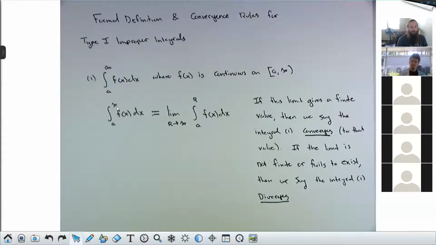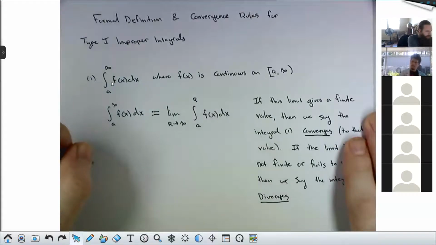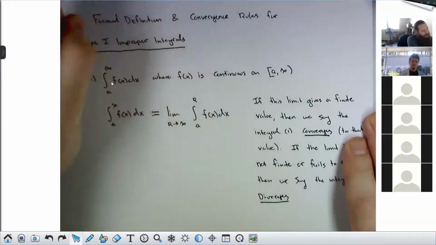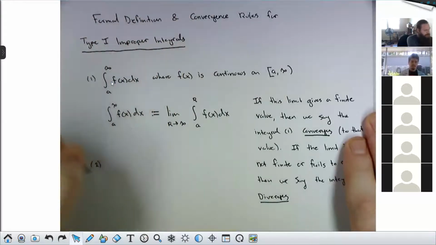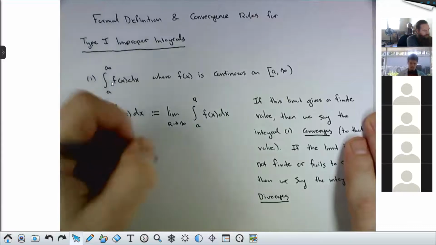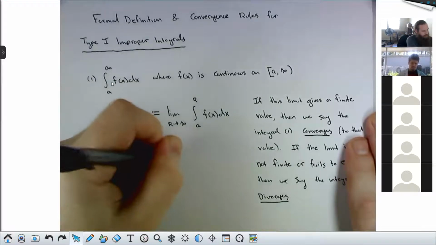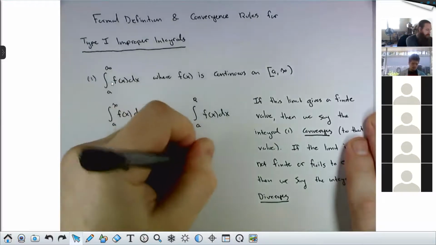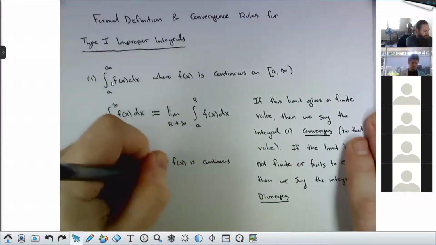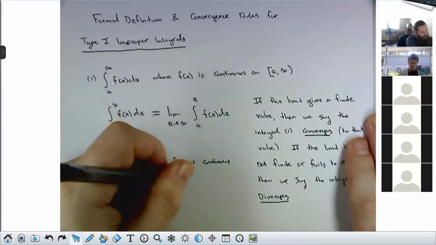So this is our definition of a type 1 improper integral of the form a to infinity. There's another sort of type 1 improper integral. These are all type 1 integrals. You could also have something like the integral from negative infinity up to a of f of x dx, where f of x is continuous on the interval negative infinity up to a.